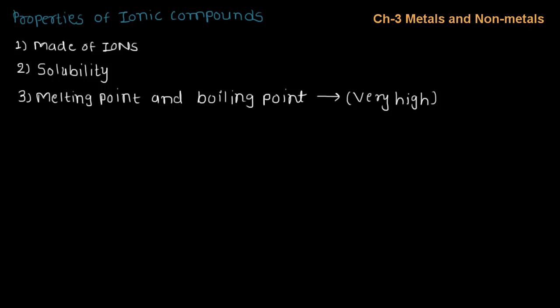Think yourself, the positive ion and negative ion are kept very close. Then how will be the force between them? This will be very high. There is the electrostatic force between them. If we keep them very close, then the force will be very high.